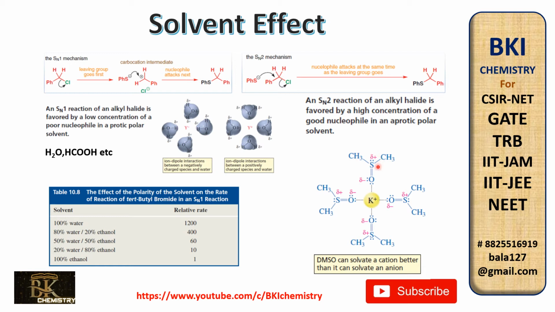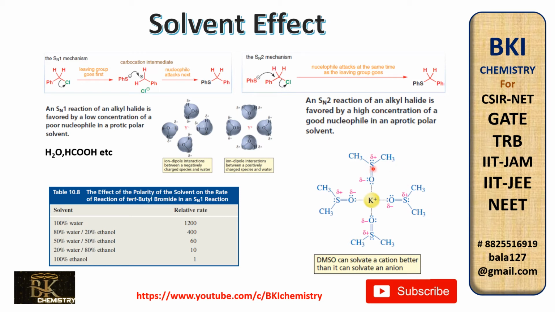Here the methyl positive charge is not projected outwards, so the nucleophile will be freely moving in the solvent system, and the substrate by default will not be surrounded by the polar solvent. So if you take this kind of solvent, the nucleophile will not be disturbed by the solvent system, and the substrate also will not be disturbed. Both can interact with each other to form an SN reaction.